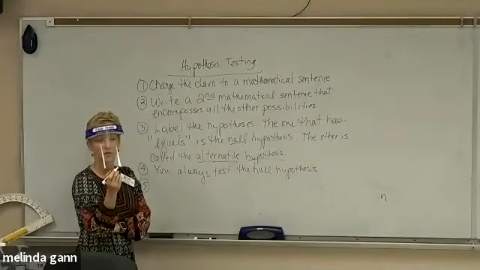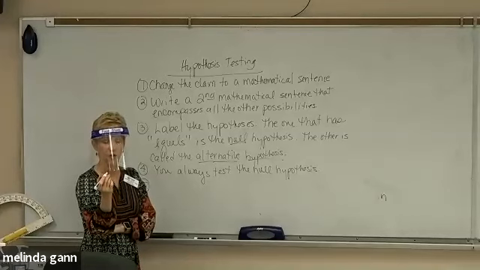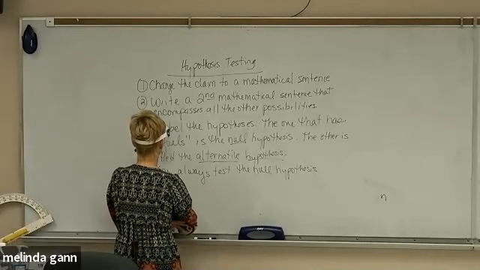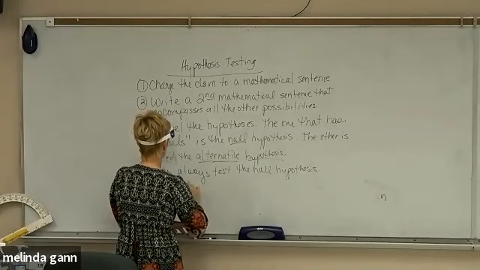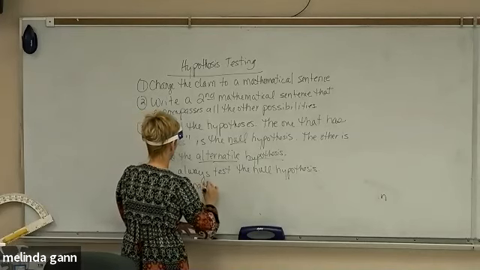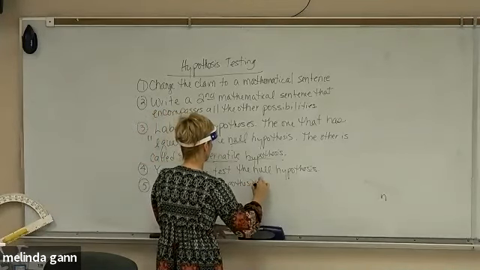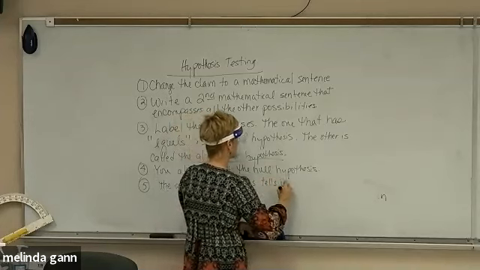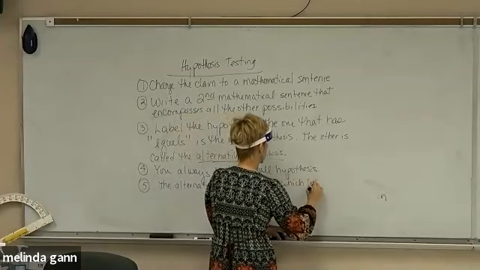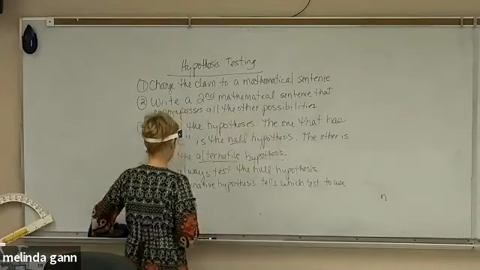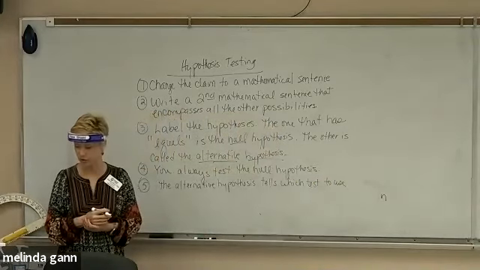All right. So why do you need the alternative? The alternative hypothesis tells you which test to run. Okay. The alternative hypothesis tells which test to use. Now, this is not going to make much sense to you until you watch the video.